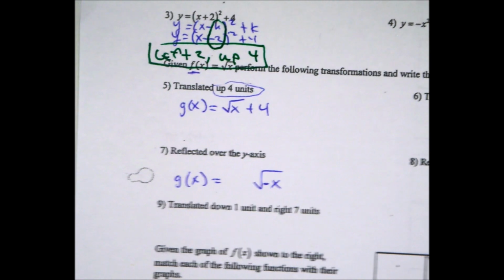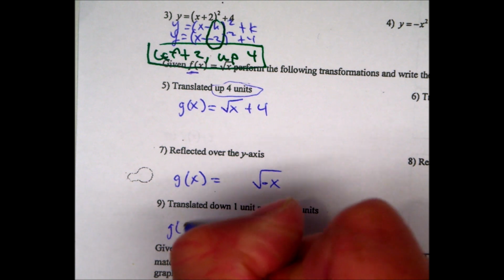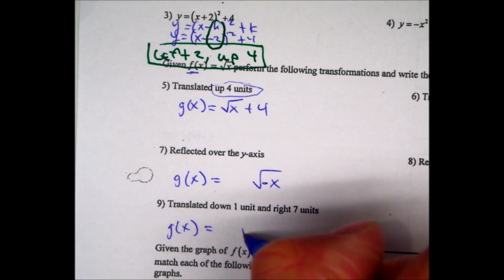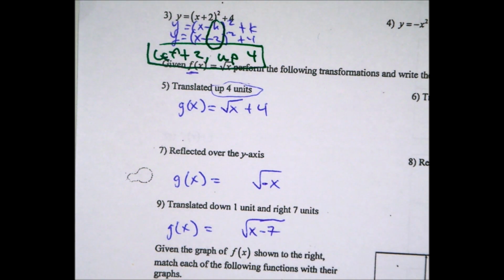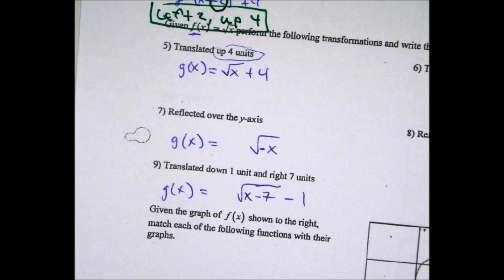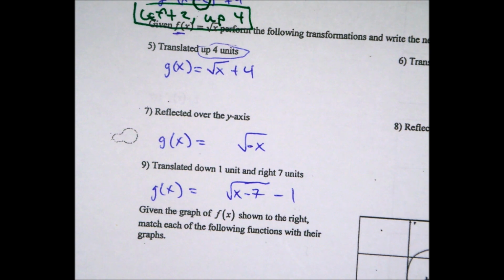Jennifer C, number 9. Good. Question: I've been writing it with the f of x tool. Do we still accept the answer? Do you want us to write out the square root?